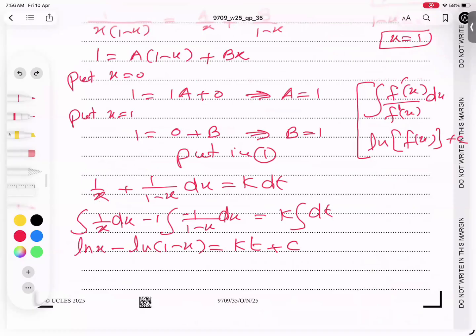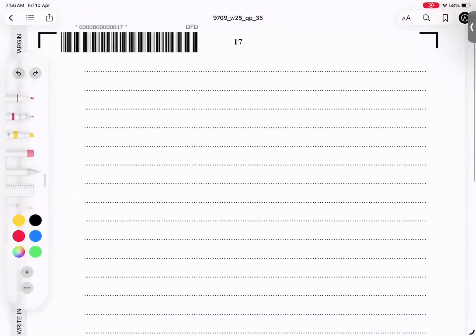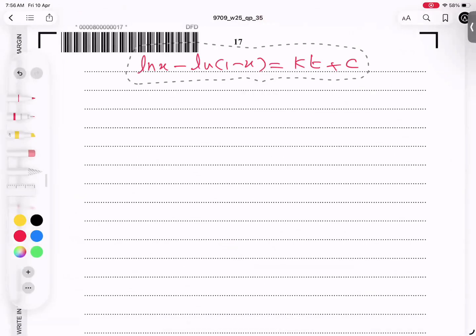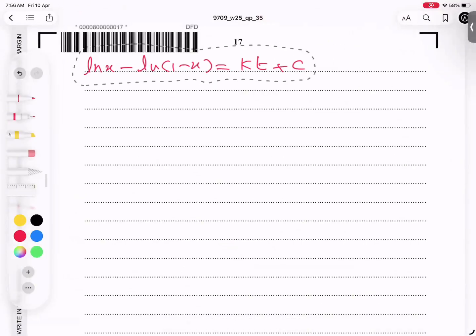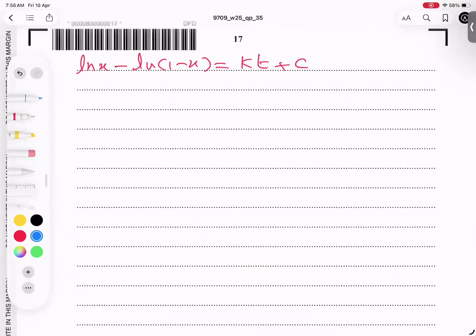So I'm shifting this equation here. Parameters are t0, which I'm going to put now here. When t is 0, x is 1 over 4.